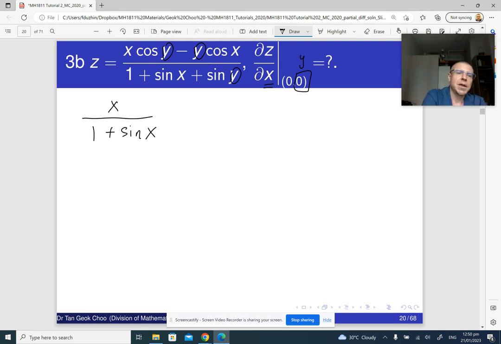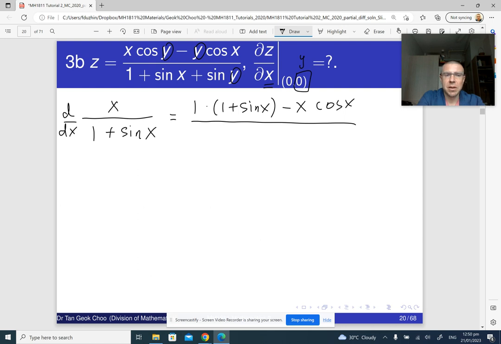We need to differentiate it with respect to x, and then after differentiation, we plug in x equals 0. This is a fraction, so we use the ratio rule. First we differentiate the numerator, and its derivative is 1 times the denominator, 1 plus sine x, minus the numerator, keeping it, times the derivative of the denominator, which is cosine x, and then we divide by (1 plus sine x) squared.